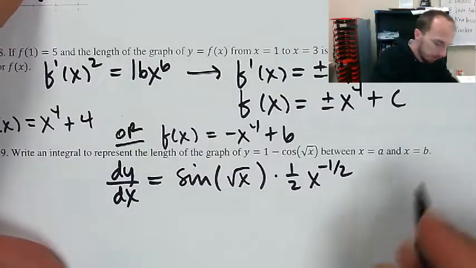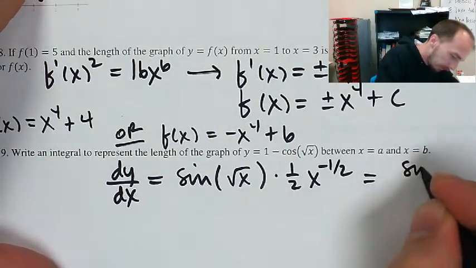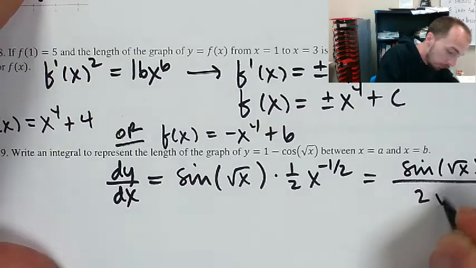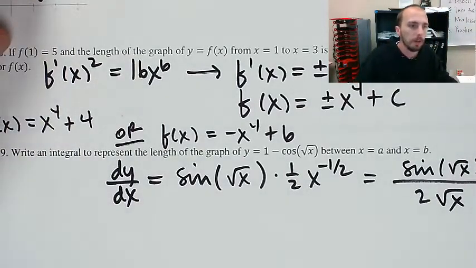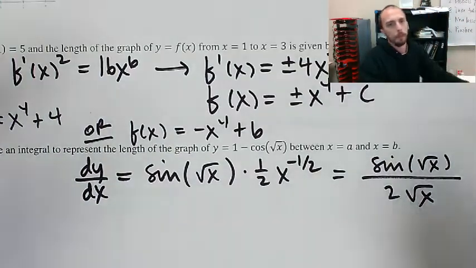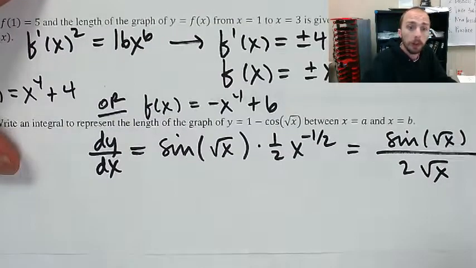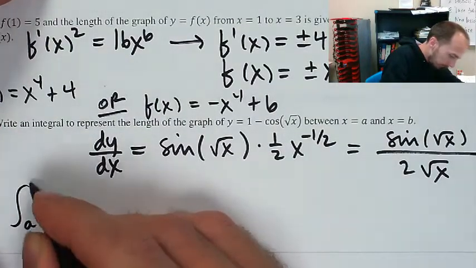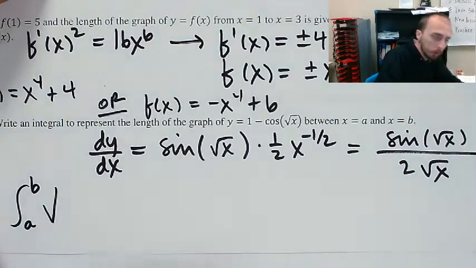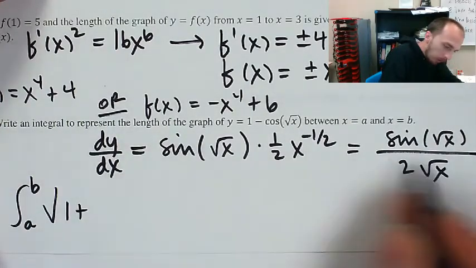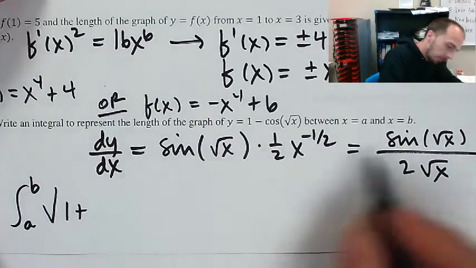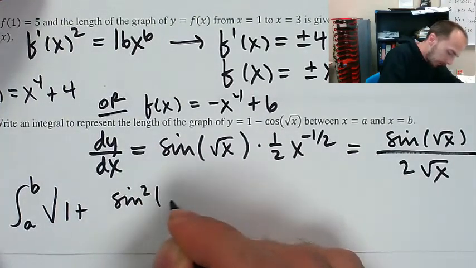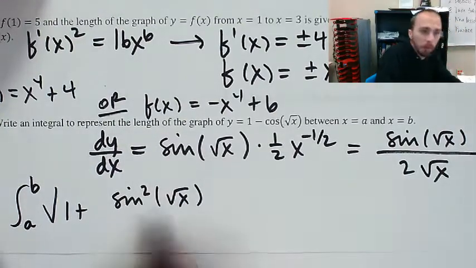Okay. I might actually rewrite this because I know where this is headed. This is sine of square root x divided by 2 square roots of x. So if I wanted to write myself an arc length integral, I'd say the integral from a to b of the square root of 1 plus dy/dx squared, which is sine squared. The argument of the sine will not be changed, right?